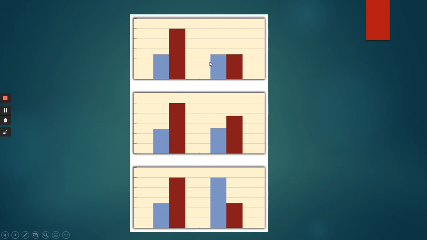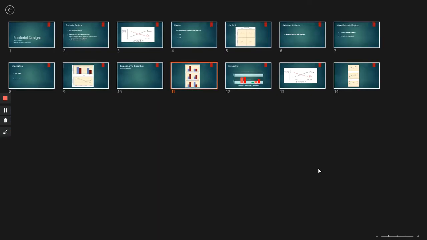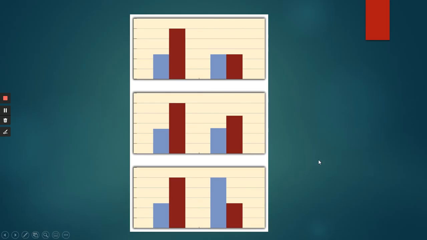And here it's a little bit weird because it's equal. And then this is red is bigger than blue. So definitely there is a spreading interaction here because there is no crossover. I'm sorry about this. There's no crossover here. It's just that there is a consistent relationship, even though this one looks equal.